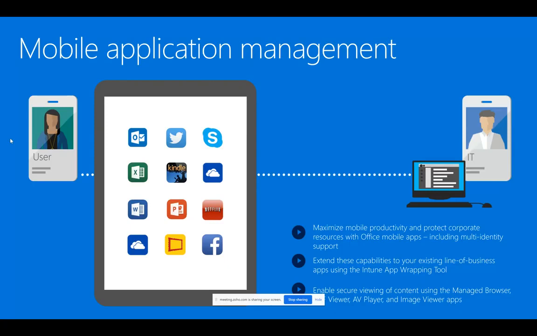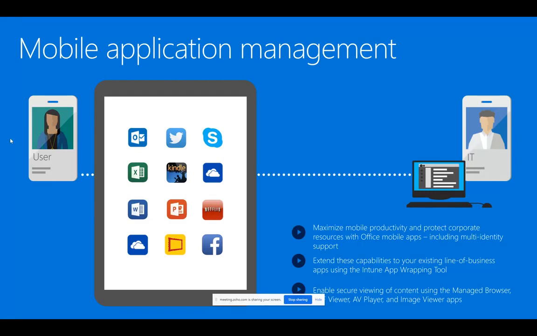So when I say mobile application management, what I mean over here is using this particular mobile application management, I can only control those applications where my corporate data is lying.